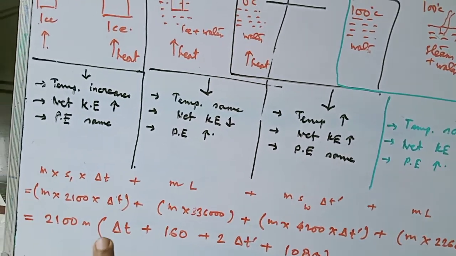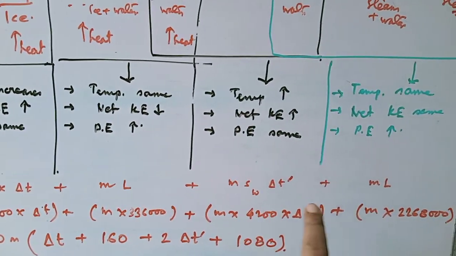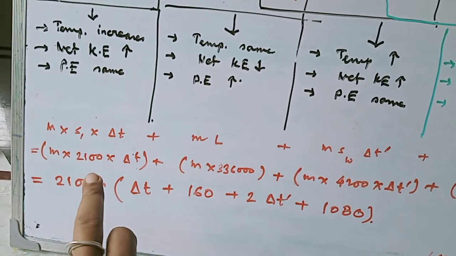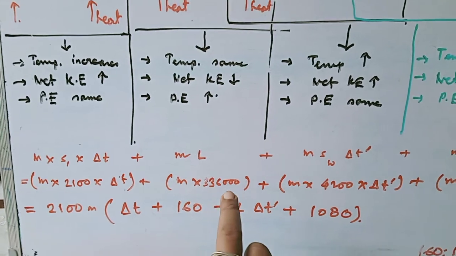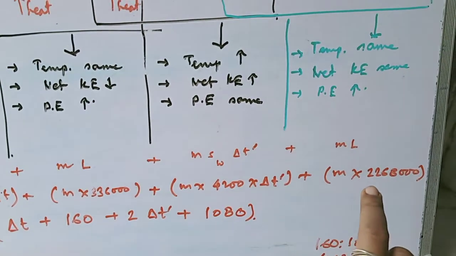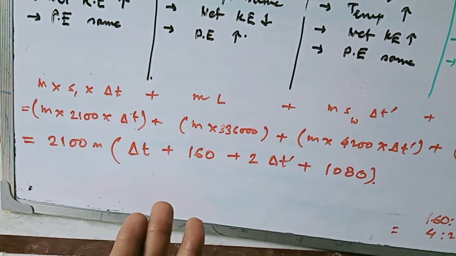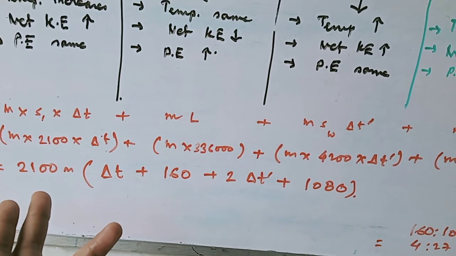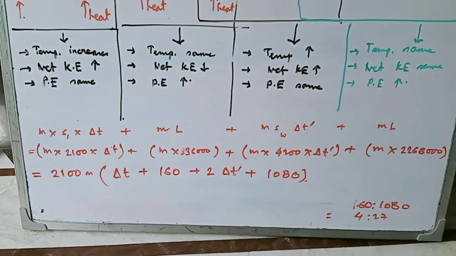That means you should not calculate it, then calculate it, then calculate it again and again, because there is a common factor. 2100, 336000, 4200, 2268000. You can take 2100 as common. So this factor is the common factor, 2100. So while calculating, you remember this, it will help you in problem solving.